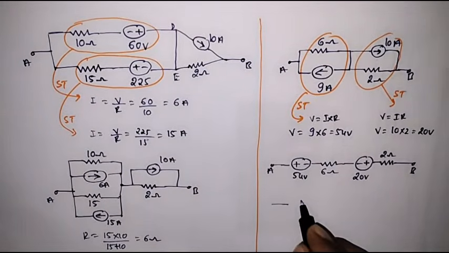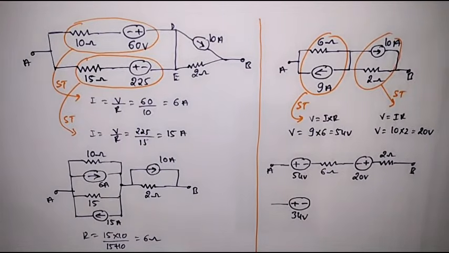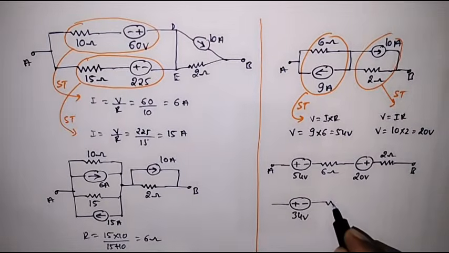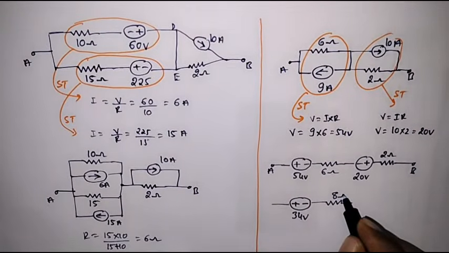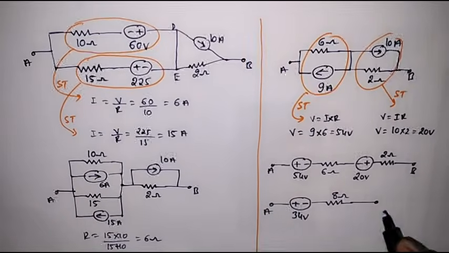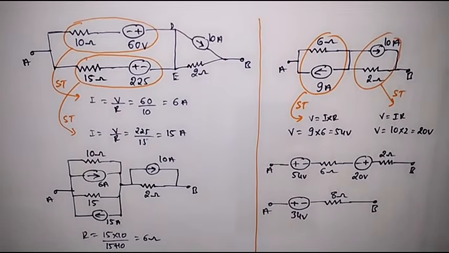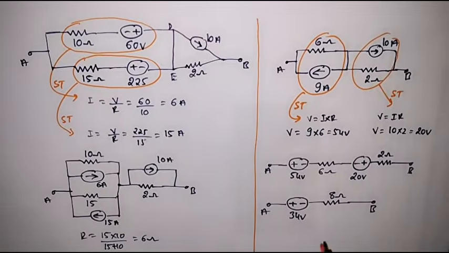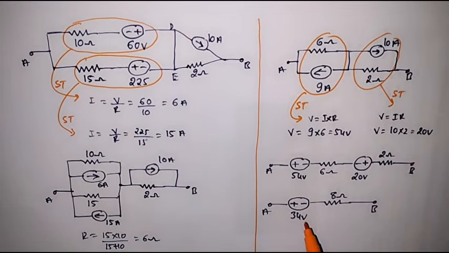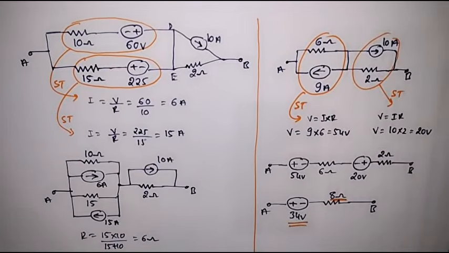So I can write 34 volt in series with 8 ohm between terminal A and B. So this is the final reduced network where a resistor is connected in series with a voltage source. The magnitude of voltage source is 34 volt and the magnitude of resistor is 8 ohm. This is the required solution. Thank you for watching.